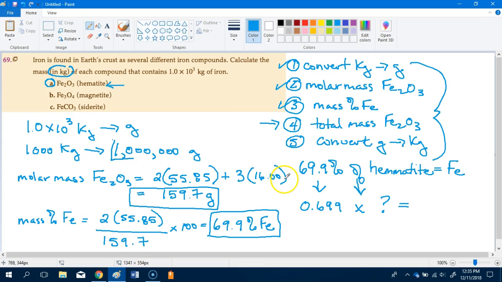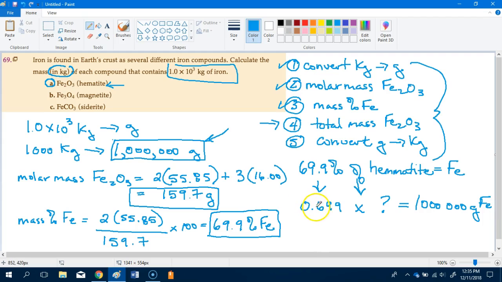Oh, did I do that wrong? Nope, that's right. Which we know to be 1,000 grams. Sorry, 1 million grams. There. So we know that we have 1 million grams of Fe. We know that 69% of hematite is iron.